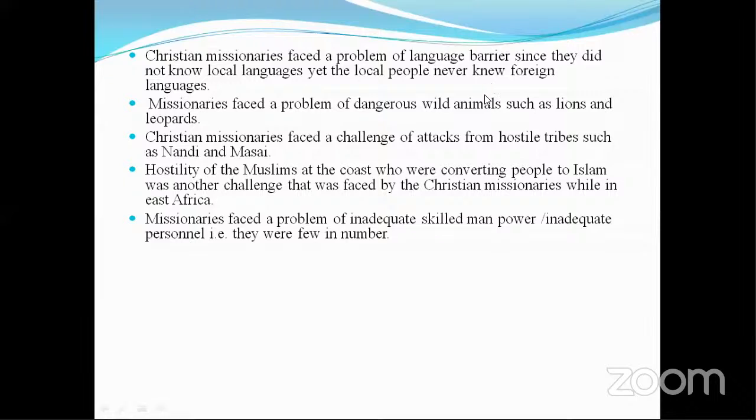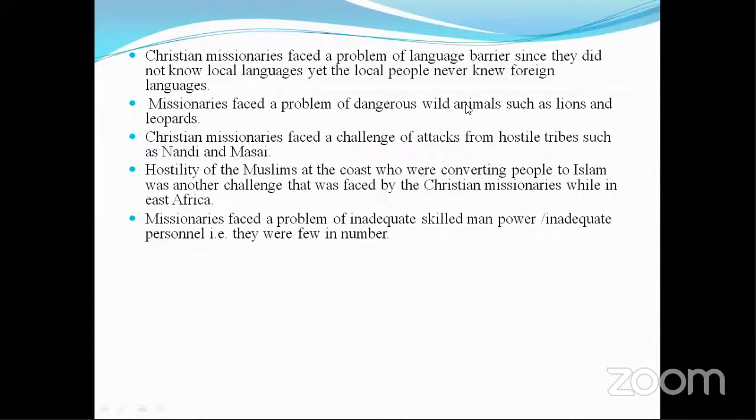Okay, so we have gone back to the explanation here, and this point I've not yet explained. We are saying that they faced a problem of inadequate skilled manpower or inadequate personnel, i.e. there were few in number. One may ask, what was the need for the skilled manpower? Skilled manpower, we are talking about people who could convert the word of God to African languages, who could translate the Bible to African languages.